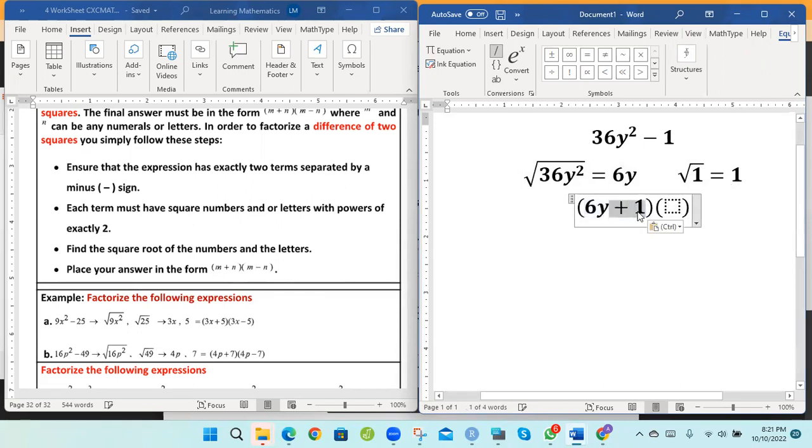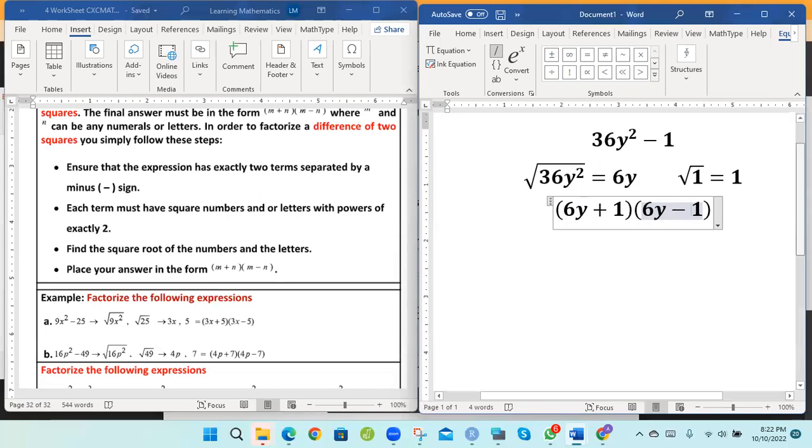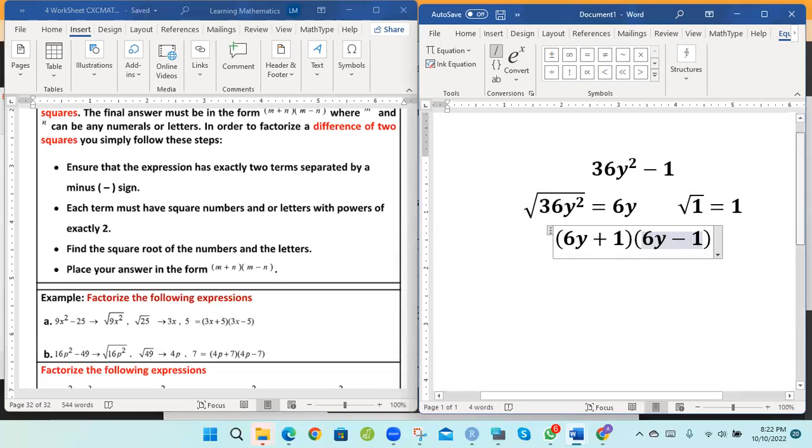And that very same 6y and the 1 come in the other bracket, but now with a subtraction sign. And that's one of the ways of factorizing a difference of 2 squares.